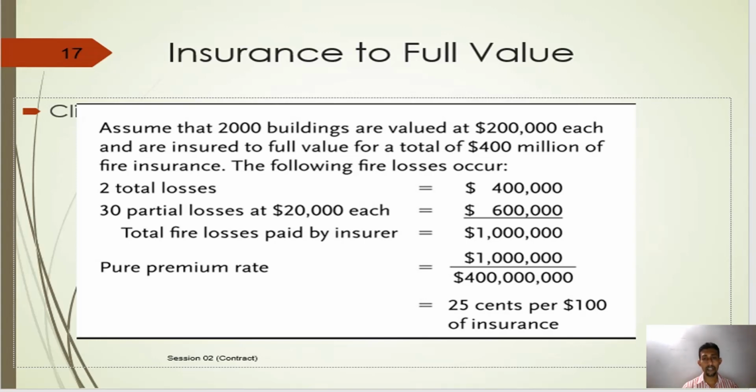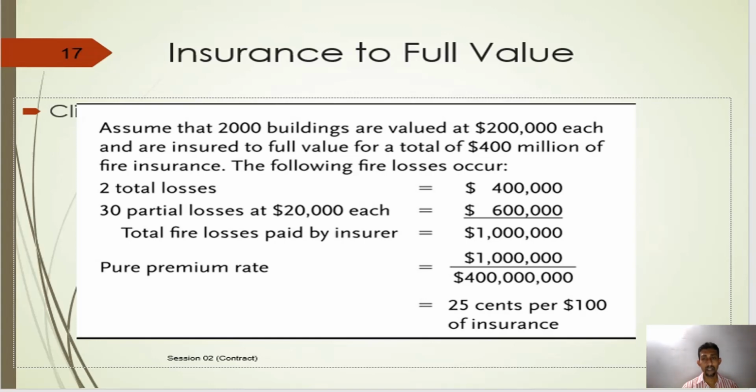However, at the end of the financial year, it was noted that there were two total losses of buildings, where we allocate $200,000 each, totaling 400,000. And there are 30 partial losses at 20,000 each, which gives you a total loss of another 600,000. And the total fire losses is then $1 million.